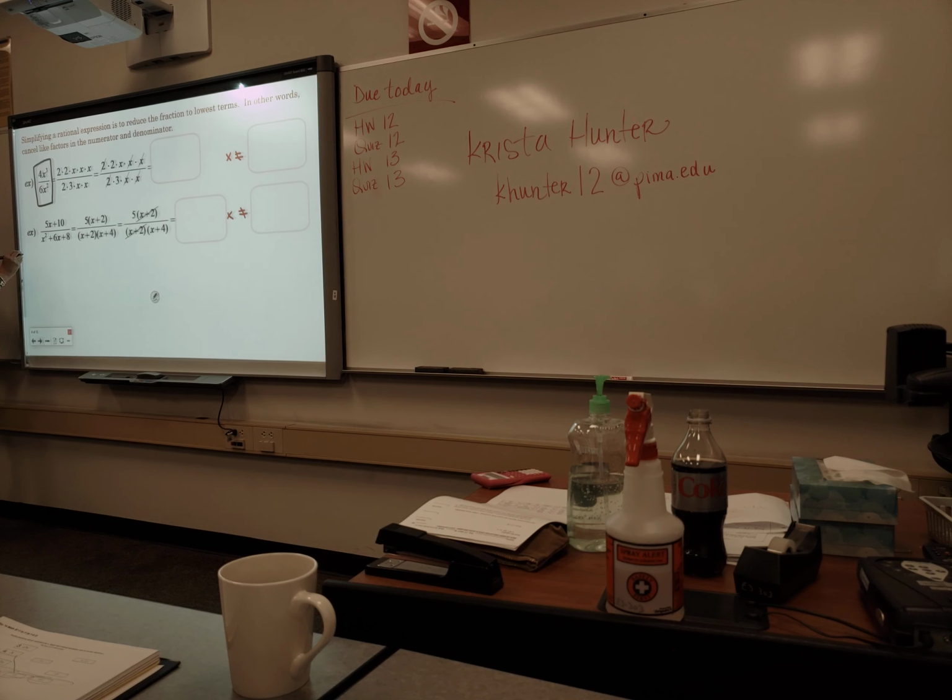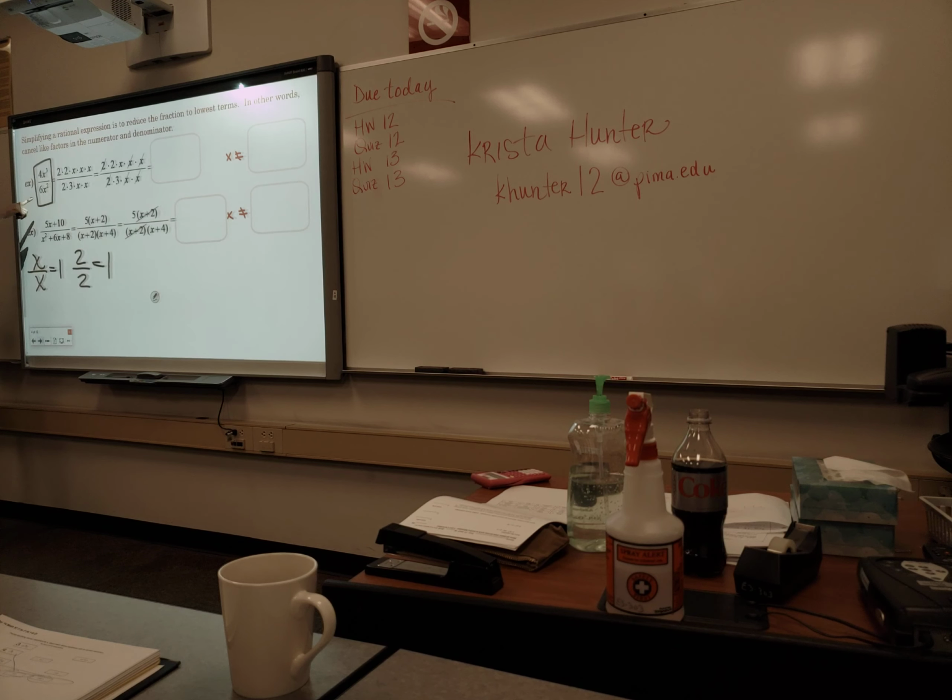What does that mean? That means if I have an x divided by an x, that becomes 1, right? Or similarly, a 2 divided by a 2, that becomes a 1. That cancels out because we don't write the 1. 1's kind of invisible, comes along for the ride, all right?